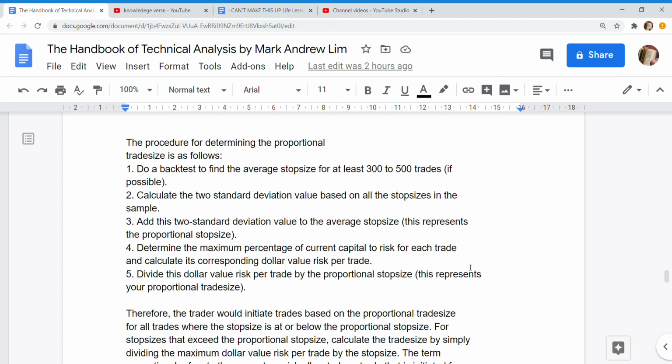Calculate the 2 standard deviation value based on all the stop sizes in the sample. 3. Add this 2 standard deviation value to the average stop size. This represents the proportional stop size.